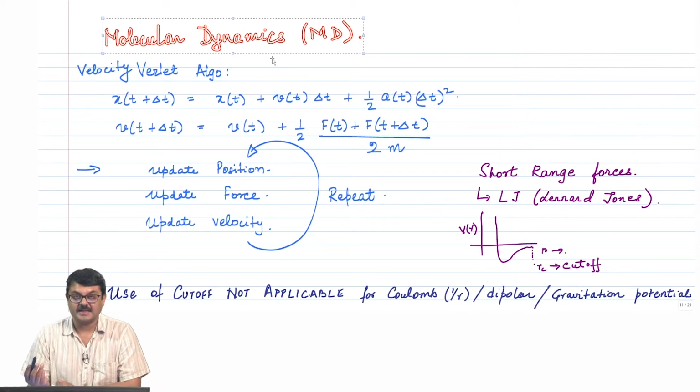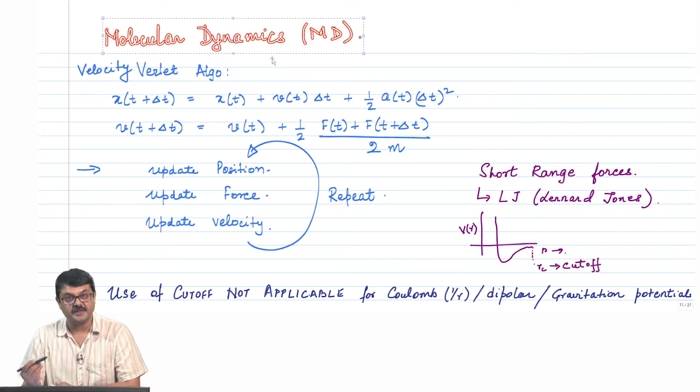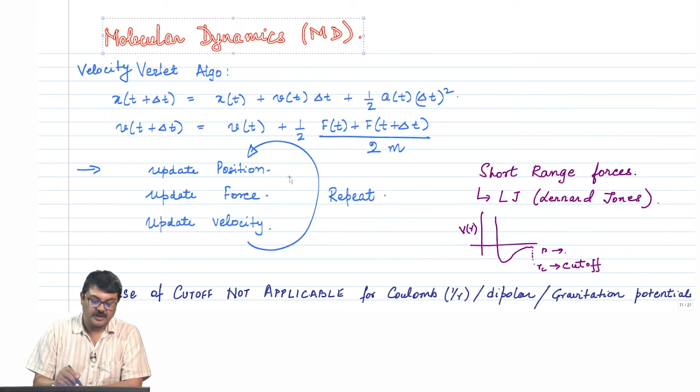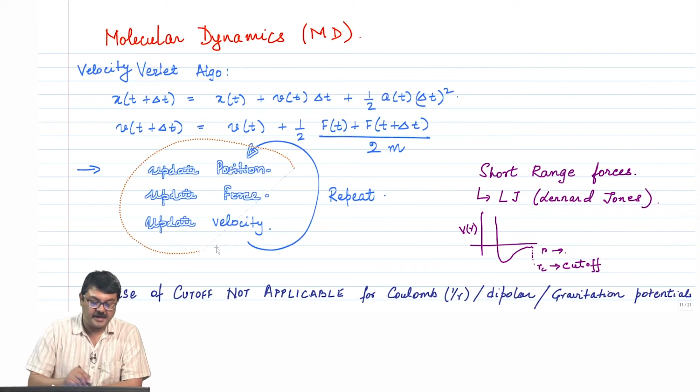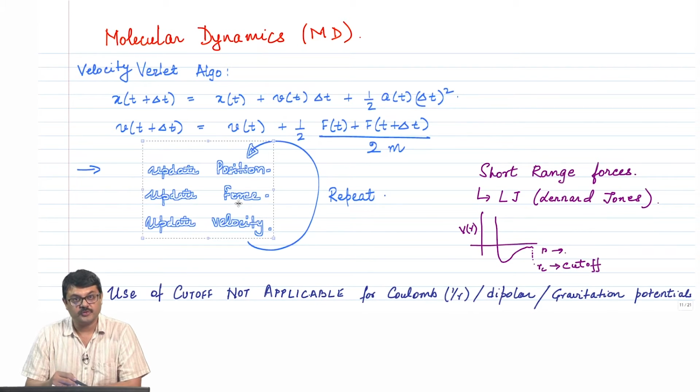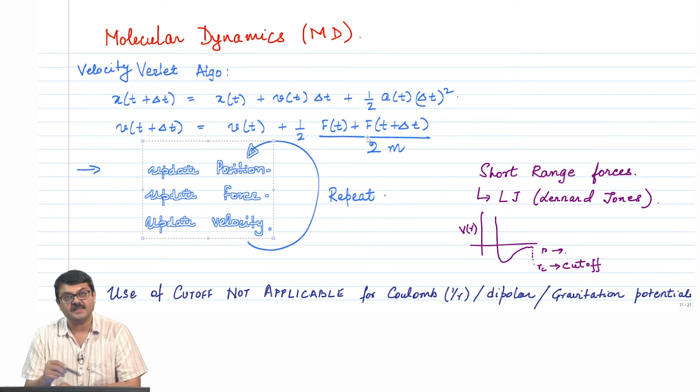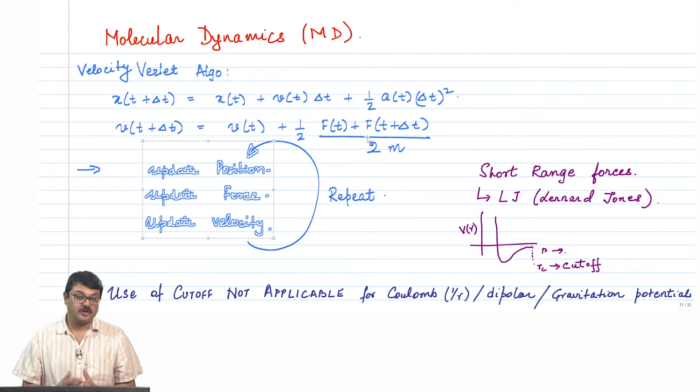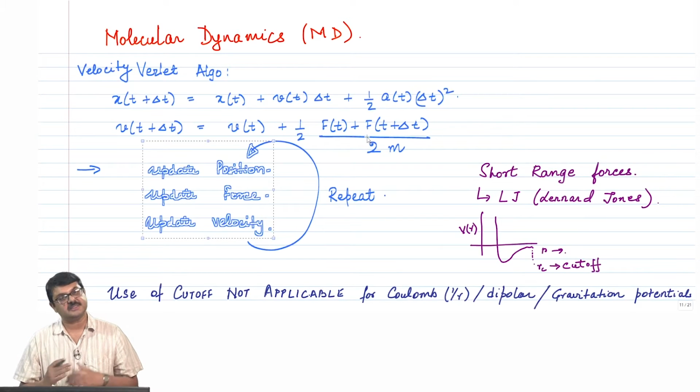The basic message is, in molecular dynamics simulations, you essentially update position, force and then velocity one after the other, and you keep repeating this over many iterations, so that the positions and velocities of the n particles in the simulation box keep on changing.